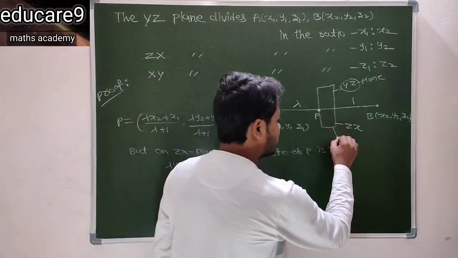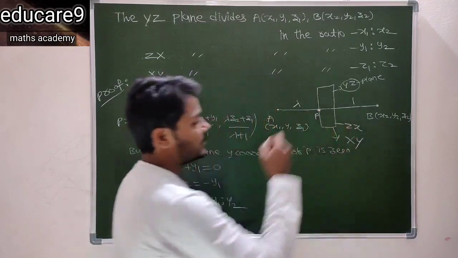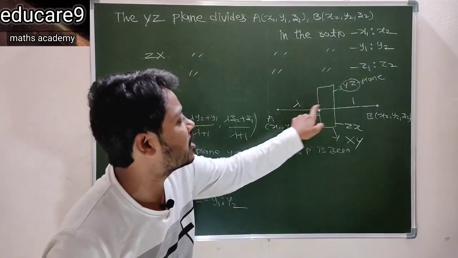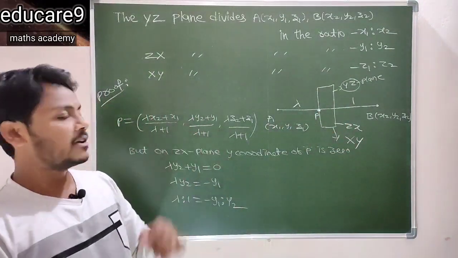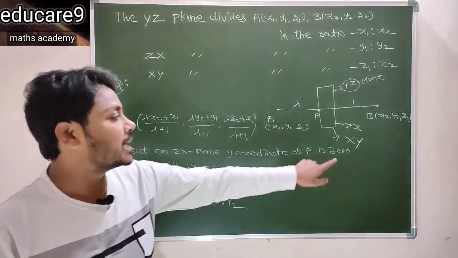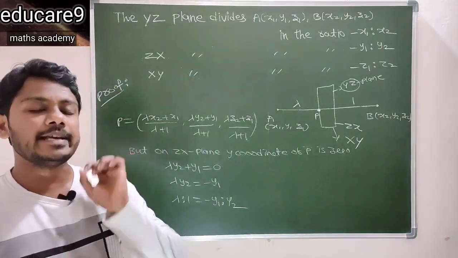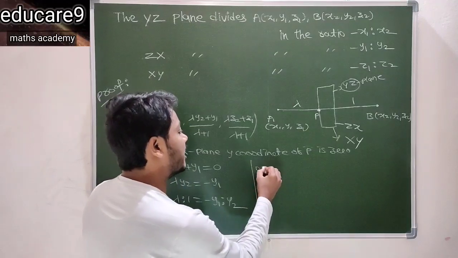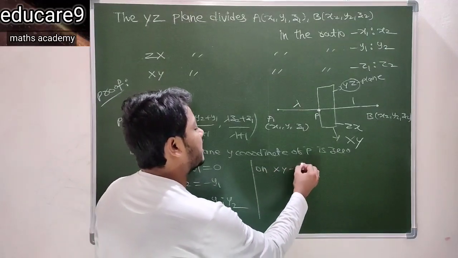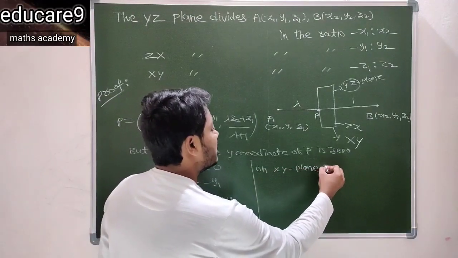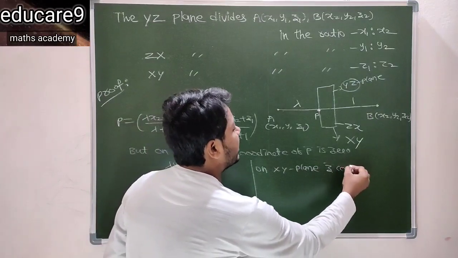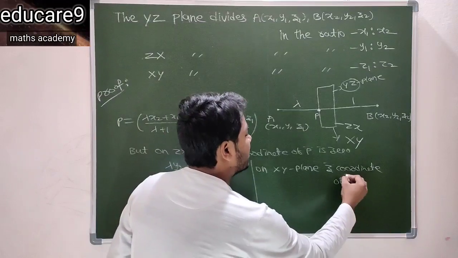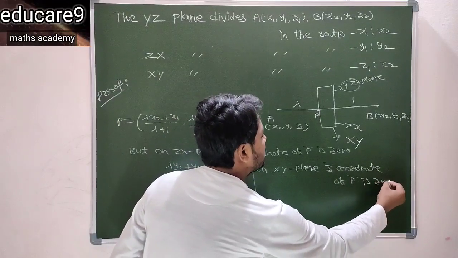See here, for example, this is the xy plane. This xy plane divides the line segment AB in the ratio lambda is to 1. So again we get the same formula. But on the xy plane, the z coordinate of P is 0.